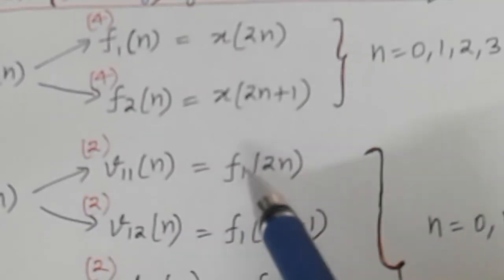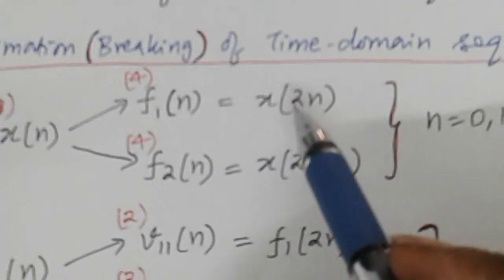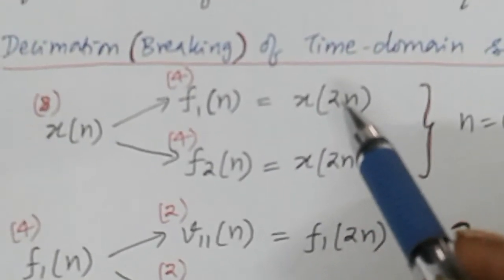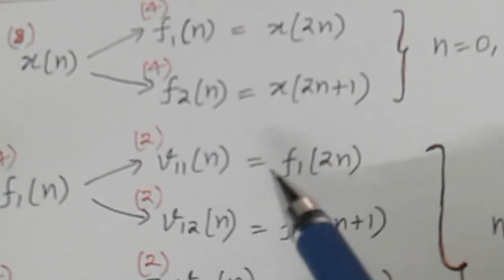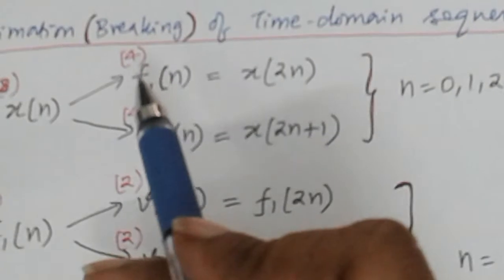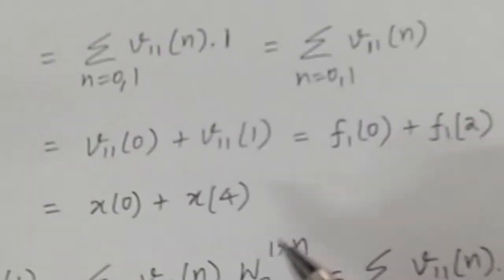Already we saw what v11 of 0 is. v11 of 0, when you put n equal to 0, becomes f1 of 0. And what is f1 of 0? When you put n equal to 0, this becomes x of 0. Next, v11 of 1 is f1 of 2, and n equal to 2 means it becomes x of 4. Clear? Why flip the pages again and again?